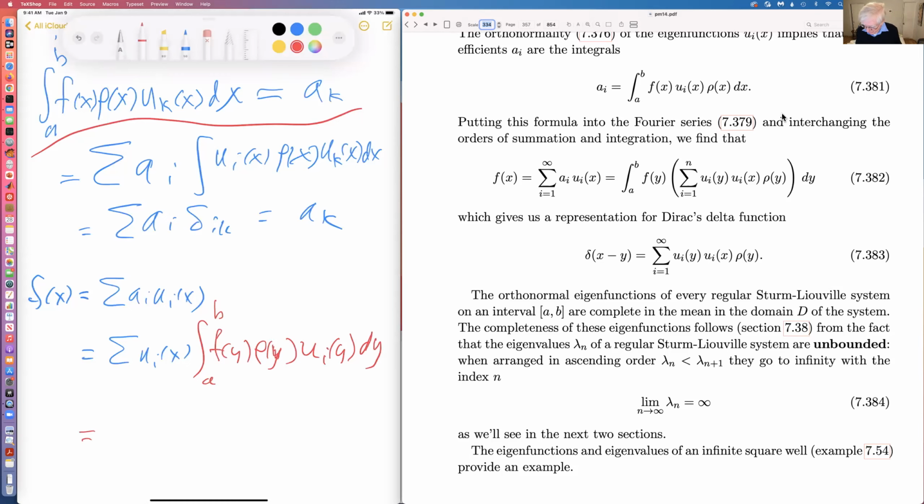So now this is f of y integrated from a to b, and everything else is a sum of u_i of x, u_i of y, rho of y, dy.